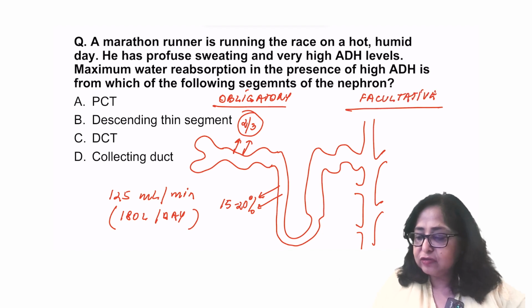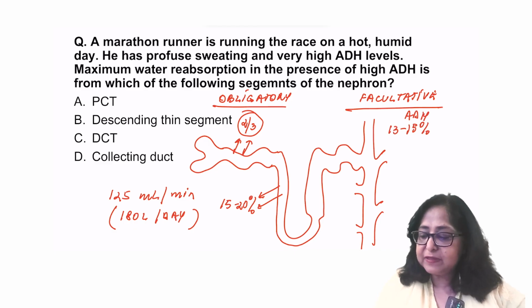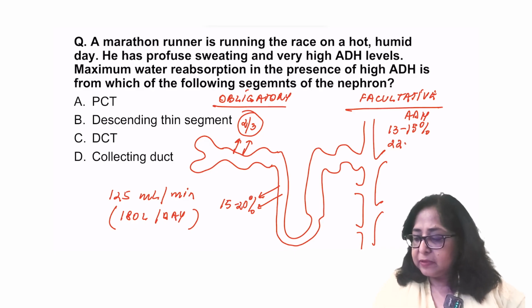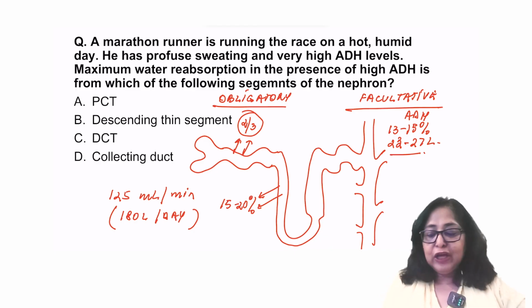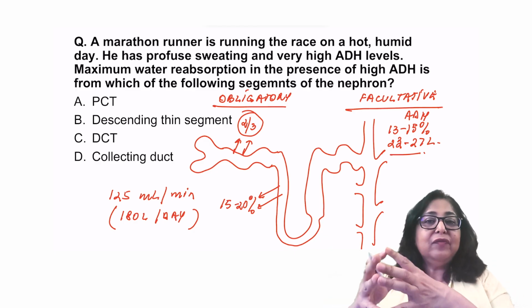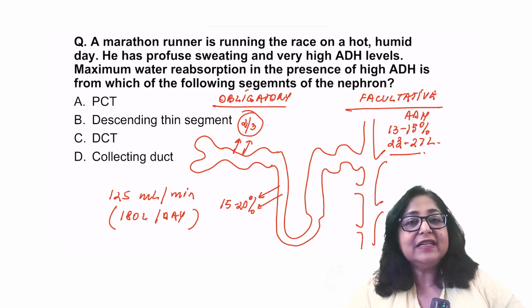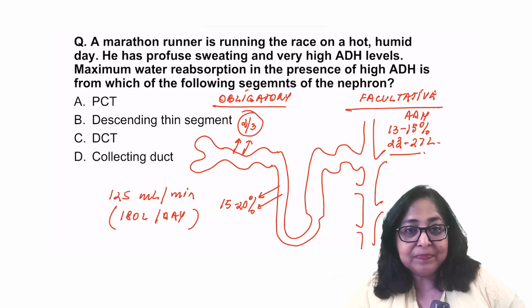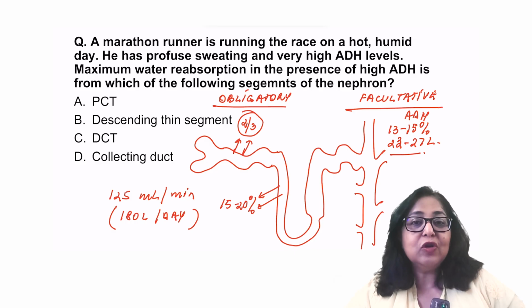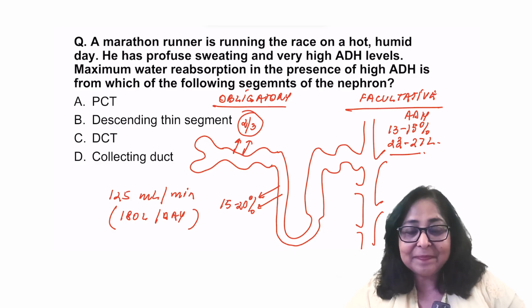This is under the control of ADH, and this is about 13 to 15% or 23 to 27 liters. Right? So that means ADH is actually controlling only about 13 to 15% of the water absorption. 2/3 of the water absorption is occurring independent of ADH, and that is obligatory.